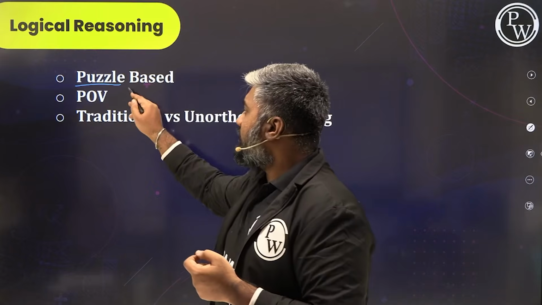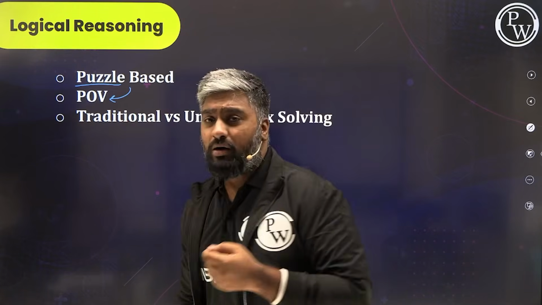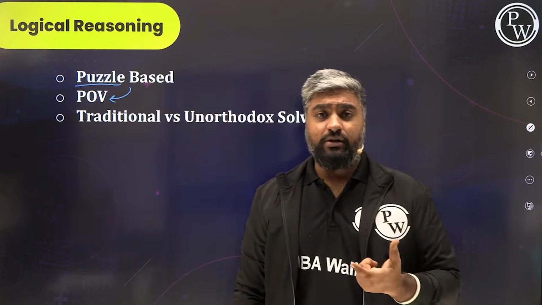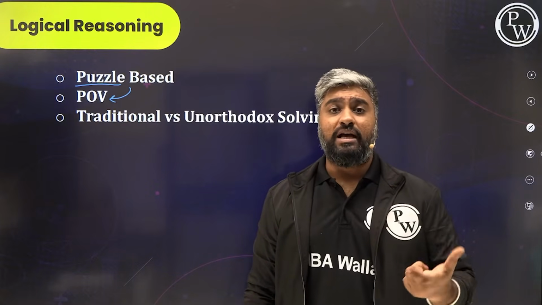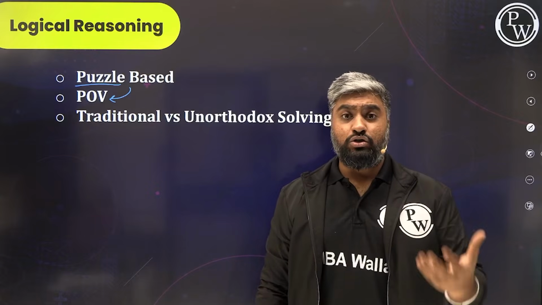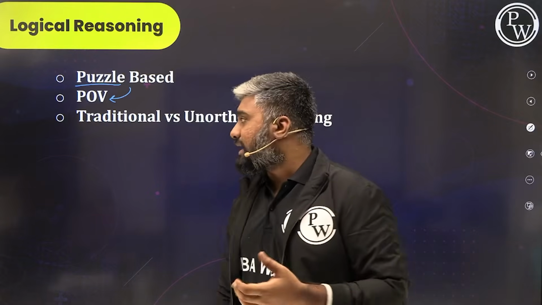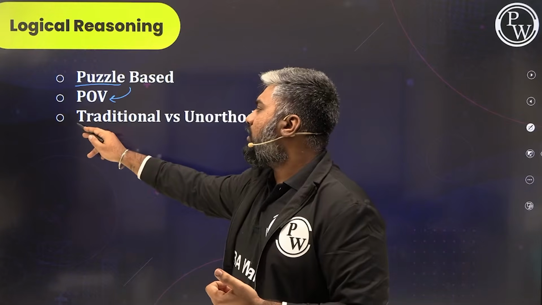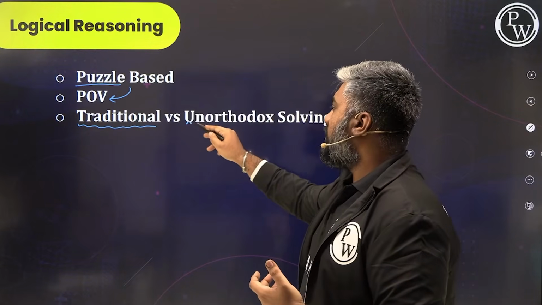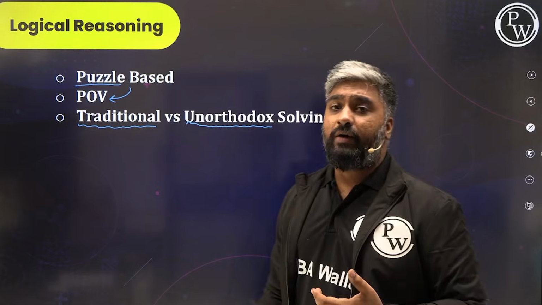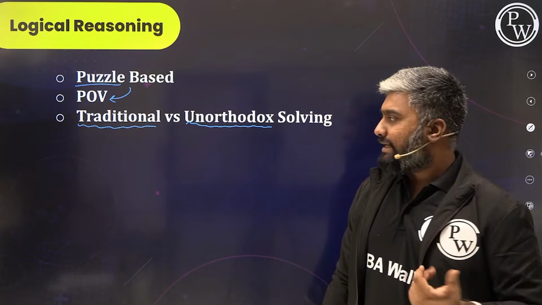But the most important thing that comes into play when it comes to LR is your point of view, right? Your perception towards it. Every clue, every sentence, every statement, every word in fact could have more than one meaning, right? So what should be your perception when you solve those? And then we're going to talk about how traditional solving of a puzzle and unorthodox, out of the box solving could come into play. Yes, let's get started then.